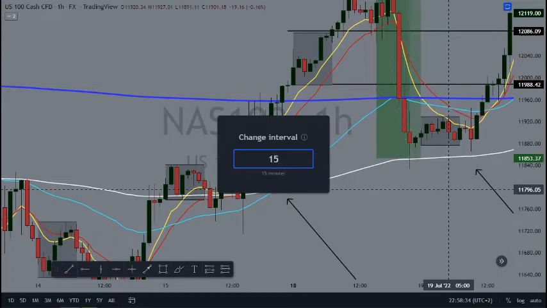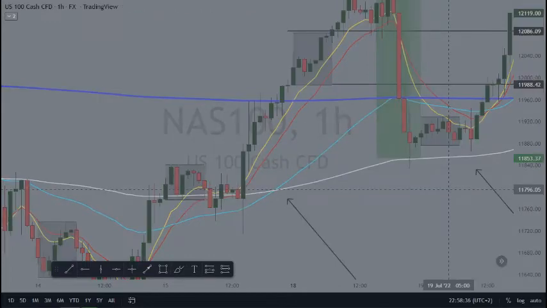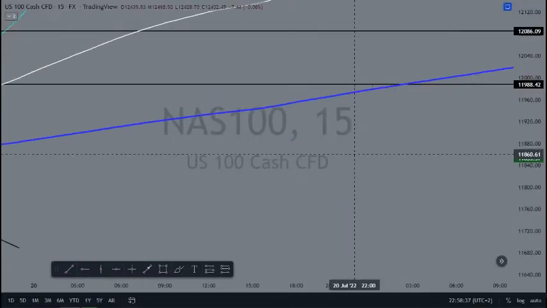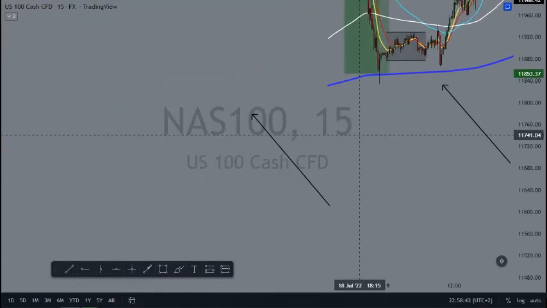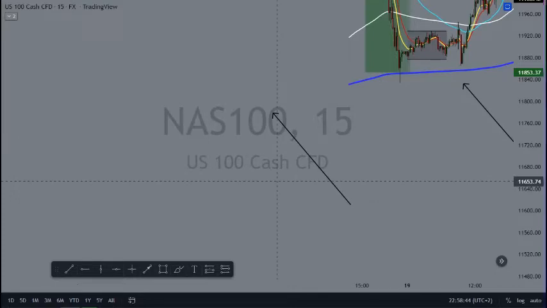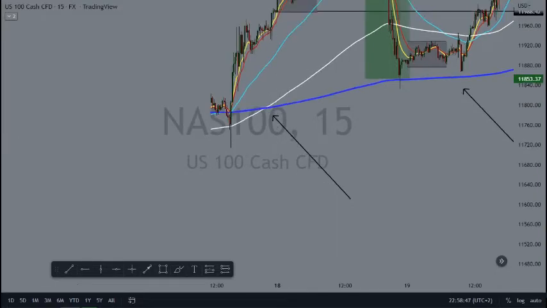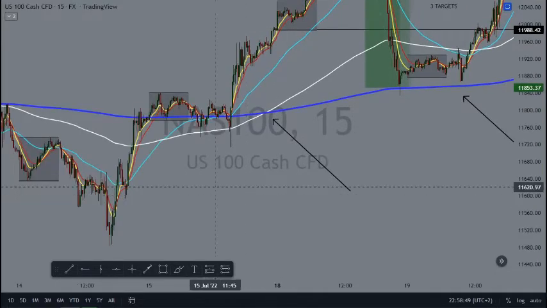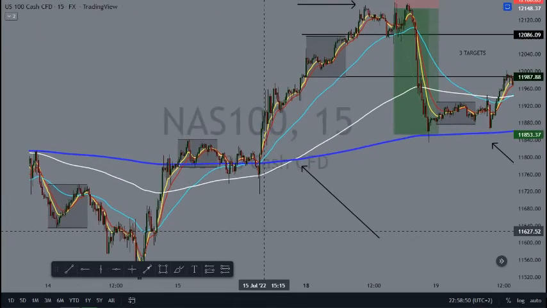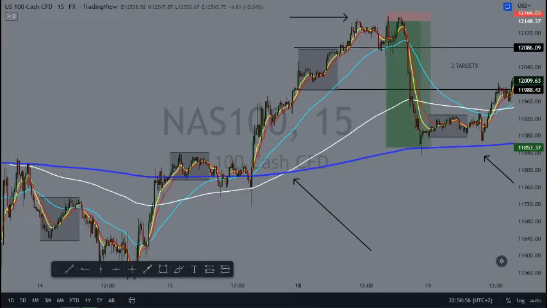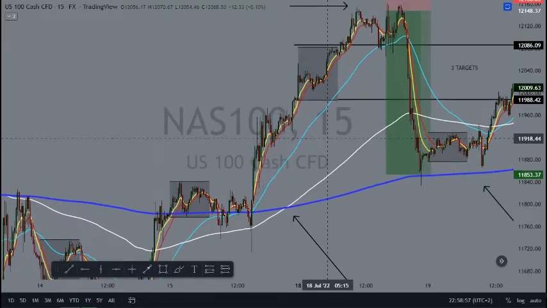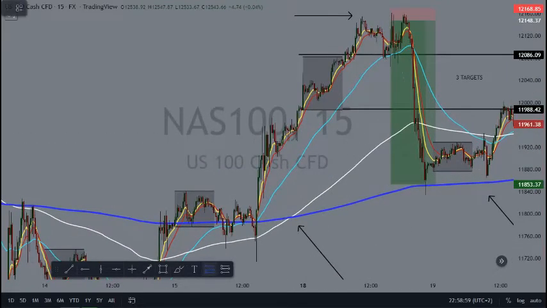Let me go into the 15-minute time frame so you can see these beautiful patterns. It is appearing on the market each and every day, so we can execute on these trades. Before we had all this move, look what happened. We got a nice buy setup. I think, yes, we did also take this trade.